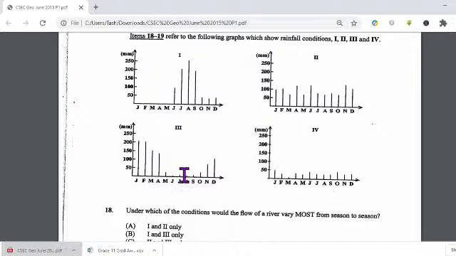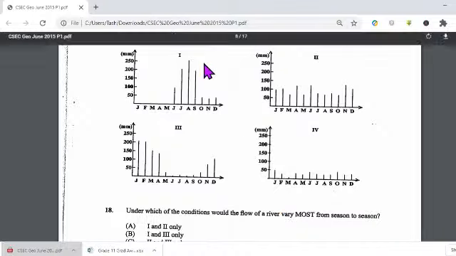So there's still some rain, and then it increases again. So remember the question says, which of the following conditions the flow of the river would vary most? And you notice the word most in bold. Remember I told you about those words in bold that you have to pay specific attention to.